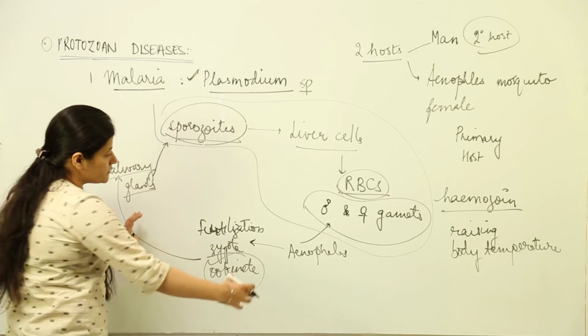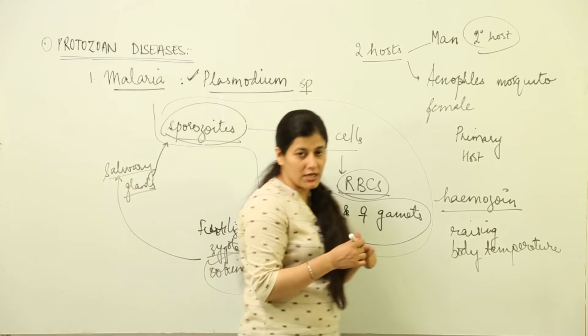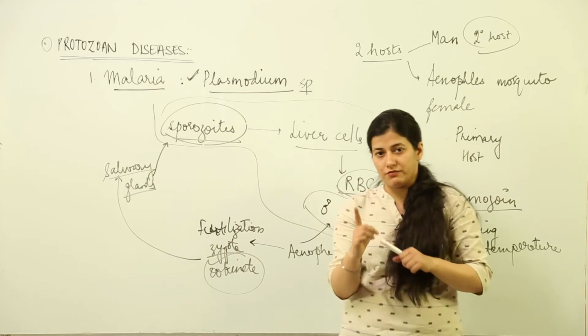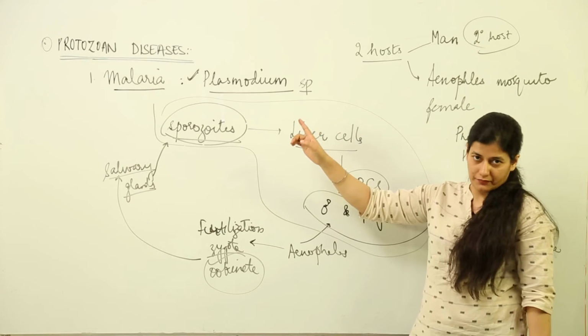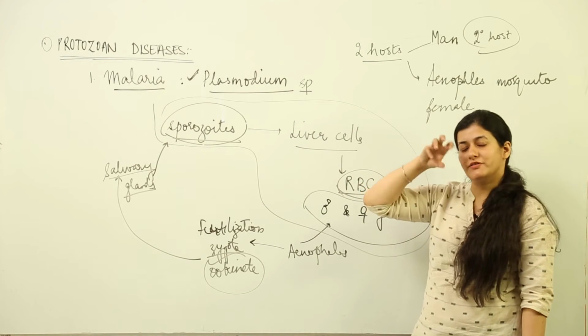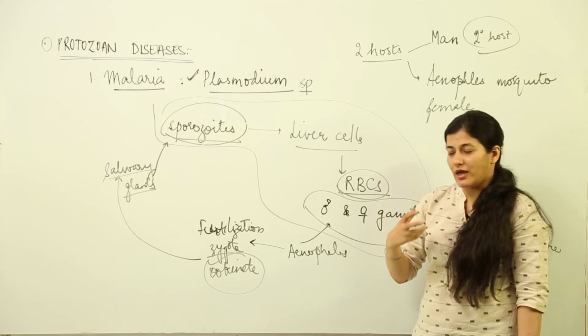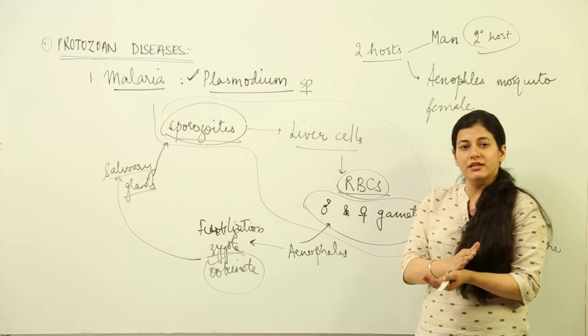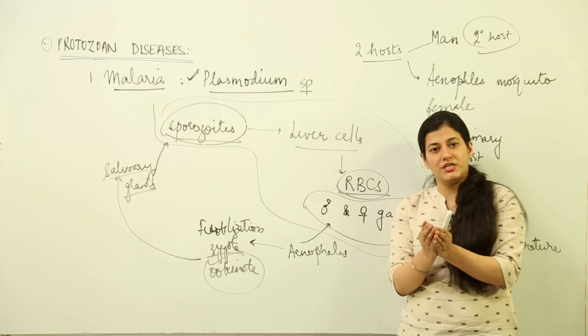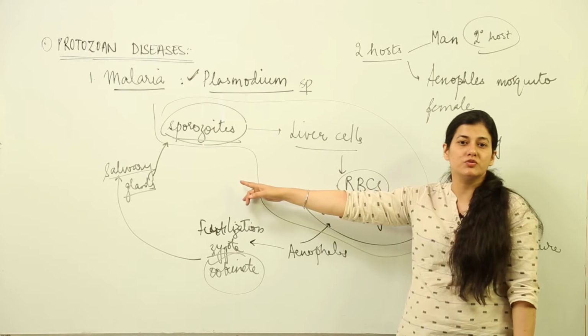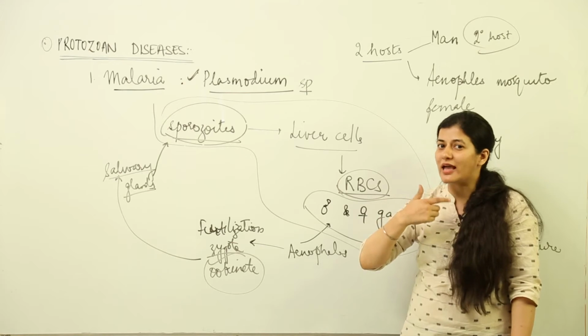So you see, this was the primary host. Now how it happens is, supposedly there is a female Anopheles mosquito, she has been infected by the Plasmodium. The Plasmodium has infected the Anopheles in such a way that it has entered the female Anopheles in its gametic stage. The fertilization would take place and formation of sporozoites would take place inside the salivary glands.